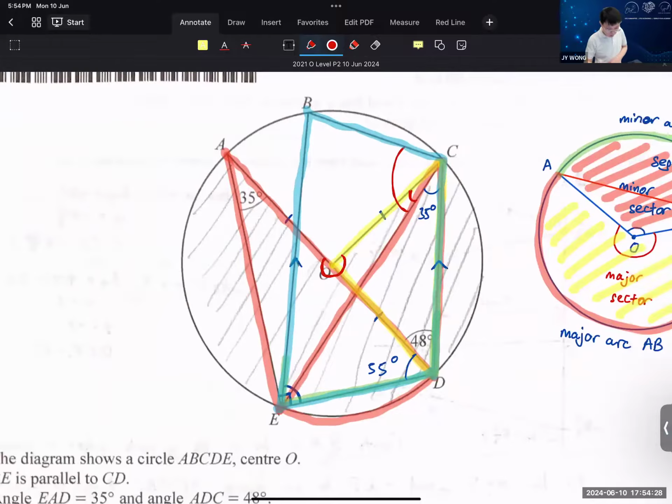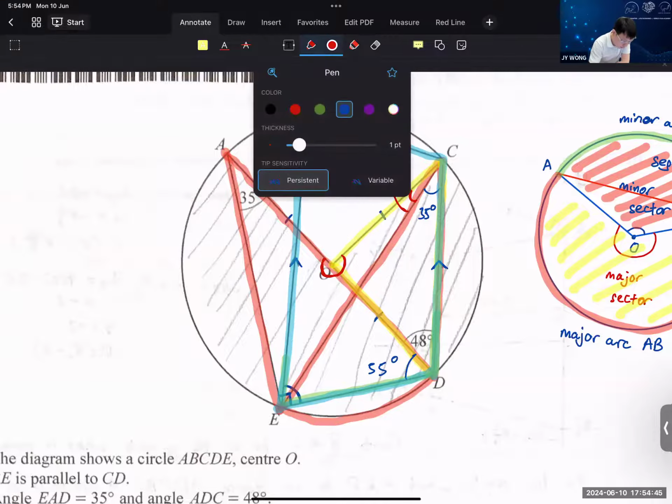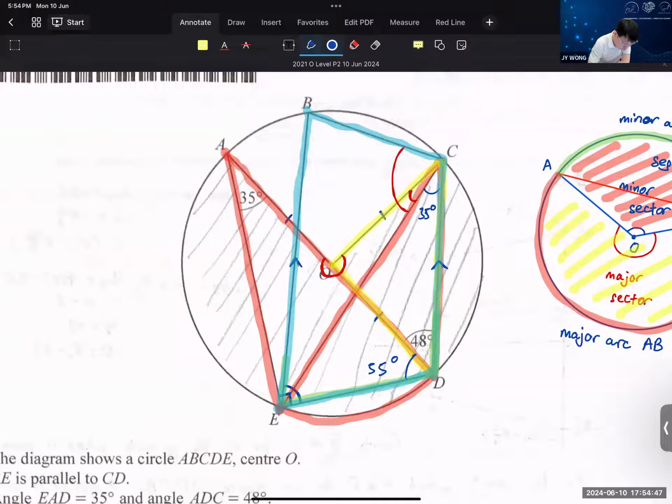So how do we find reflex angle AOC? You should recognize that if AOD is a straight line, this is just an angle on the straight line, right? So all you need is to find angle DOC.